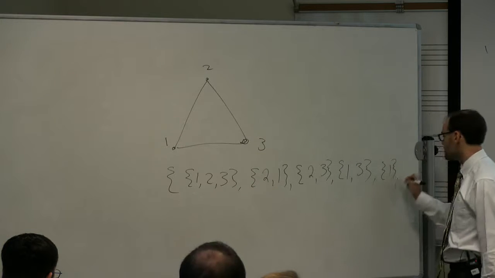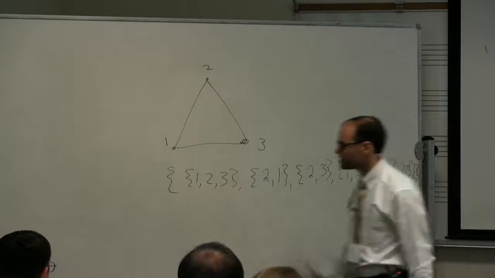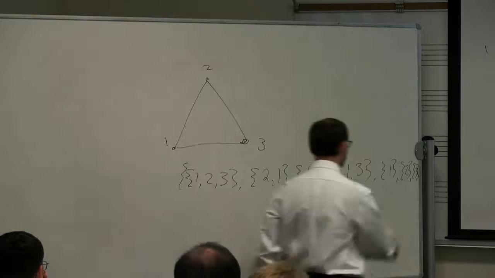And then, of course, I've got the singletons. And I'm not even going to bother writing the empty set, because it's in there too. But I will close off my brackets.